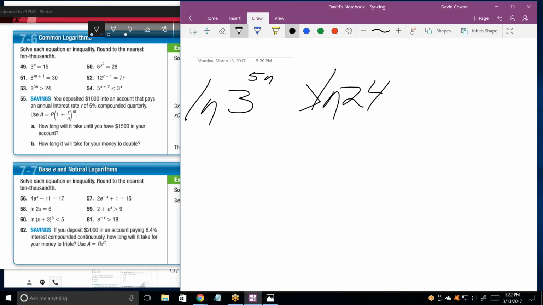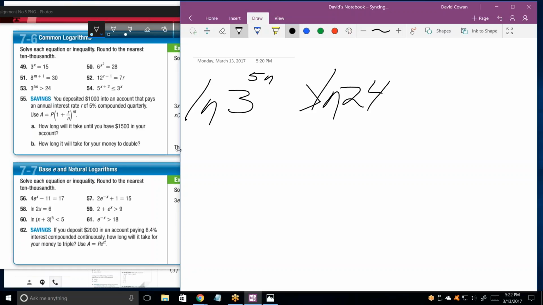For example, I can't divide both sides by x in an inequality, because if x happens to be a positive number, I leave the inequality the same, but if it's a negative number, I've got to turn it and switch it the opposite way. Therefore, you can't really divide by a variable. But I can take the natural log of both sides.